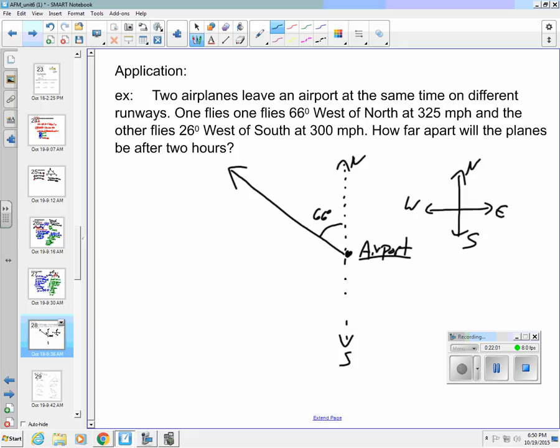Same idea for the second plane. It's headed 26 degrees west of south. We want to know how far apart they're going to be after 2 hours. So that's going to be this distance right here between the two planes that we're solving for.